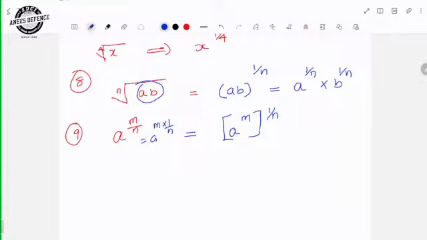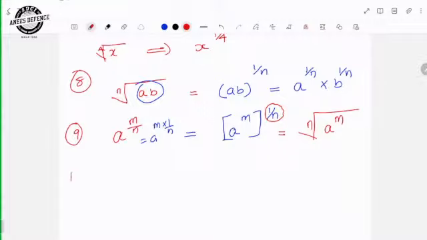So what is 1 by n? 1 by n indicates nth root. So you can write nth root of a raised to m. So 1 by n will become nth root. If it is 1 by 2, it will become square root. If it is 1 by 5, it will become fifth root. In this fashion, you can write.